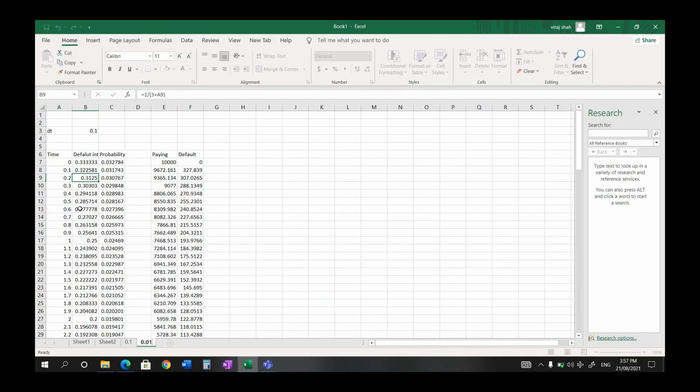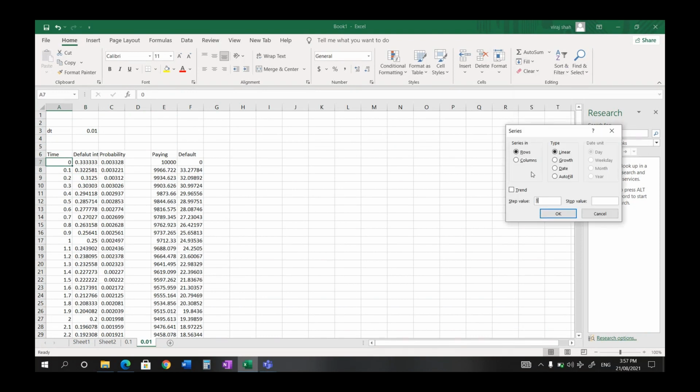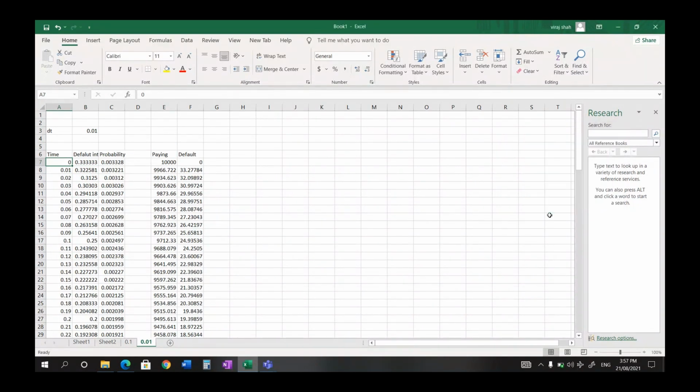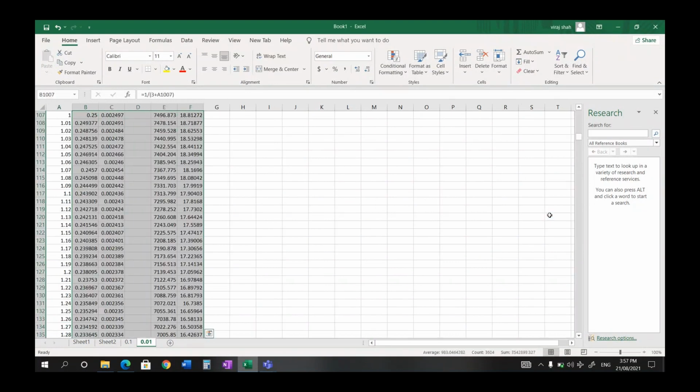I will again use my fill series, column, your step value would be now 0.01 and your stop value would be 10. We'll just have to drag it down, nothing else.